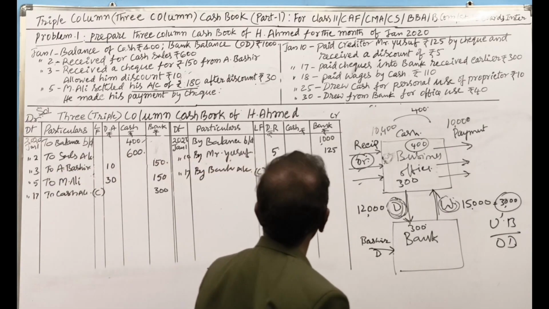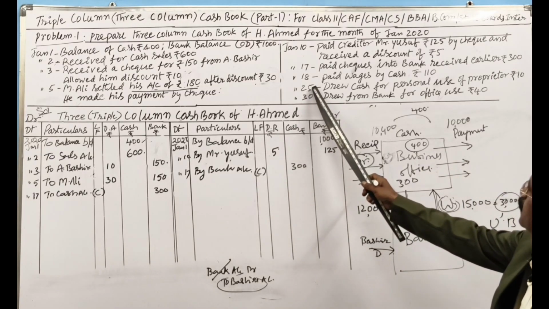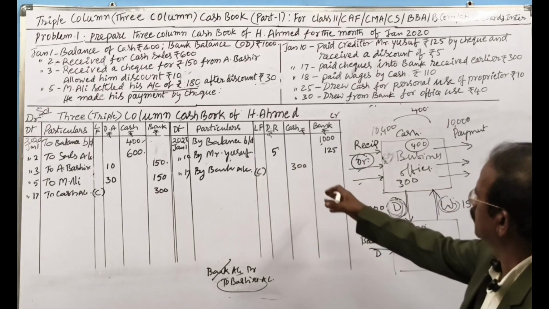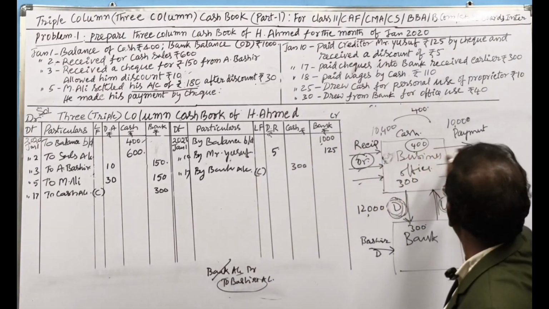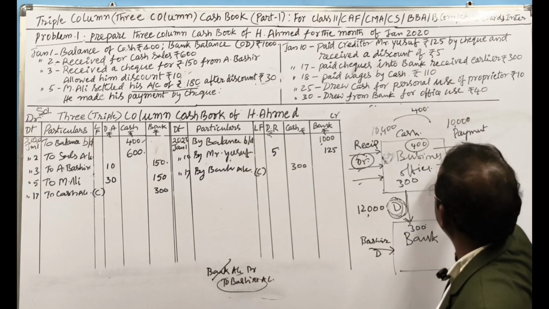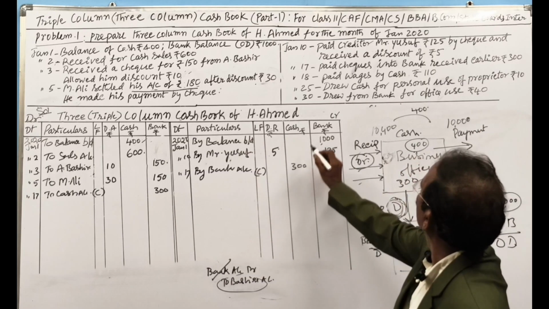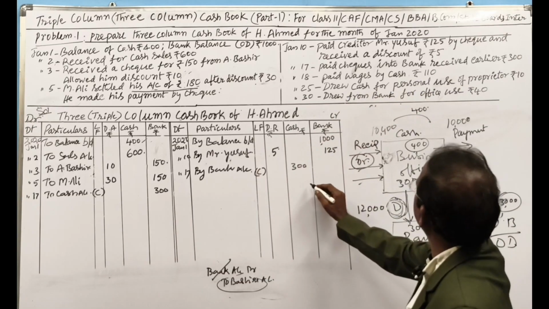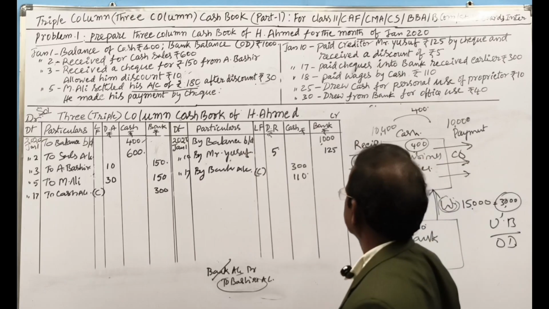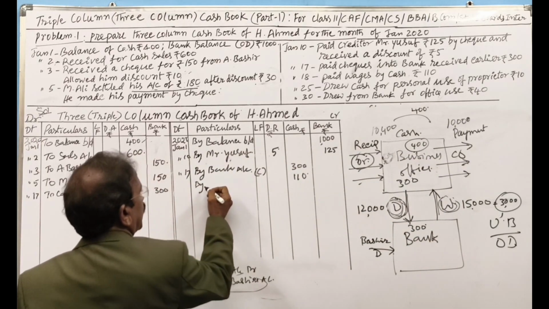After that, 18th, paid wages by cash, means cash is going out. When cash is going out from the office, it is treated as payment and it should be credited. Here you have to write how much amount? 110 rupees. By what you should write?